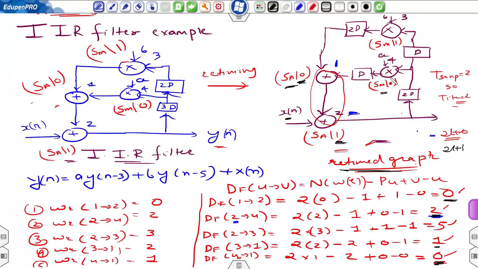Okay. Coming to multiplier number 3, that will be executed next. So it is receiving its input from node number 2 and a constant b. So refer to the equation df 2 to 3, which has 5 delays.